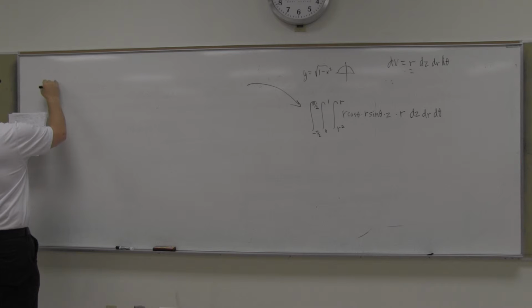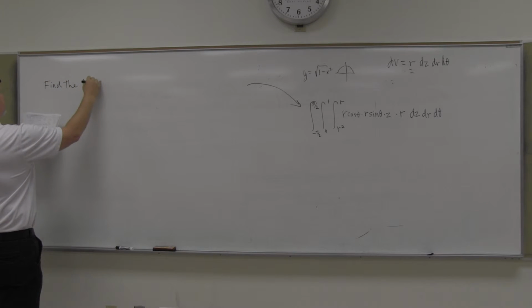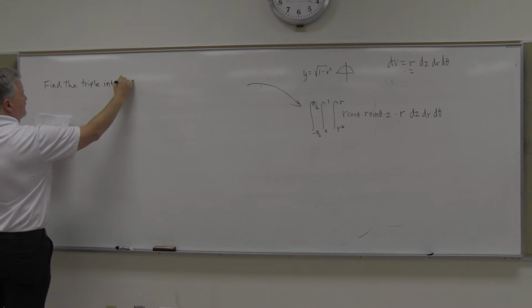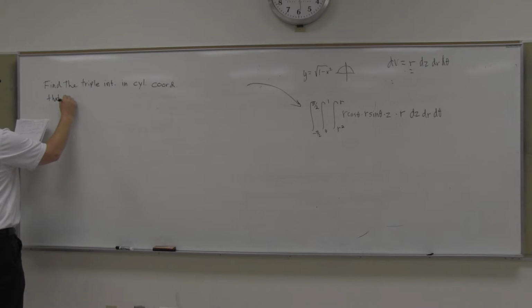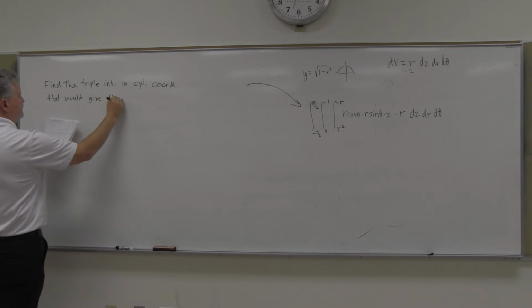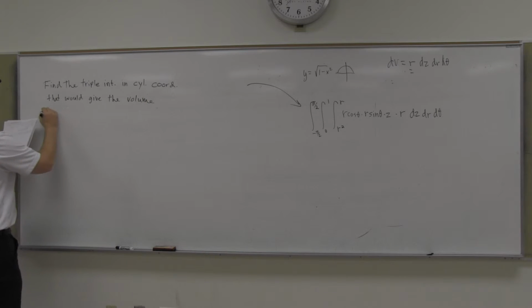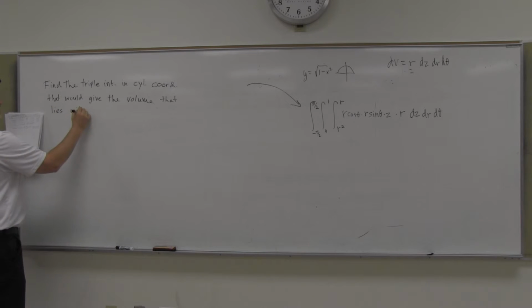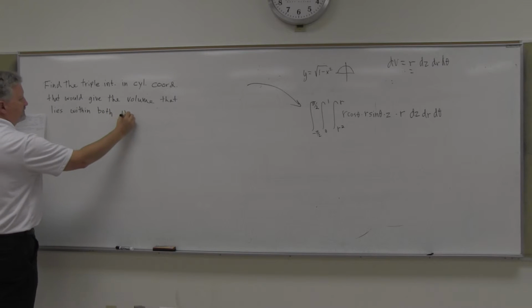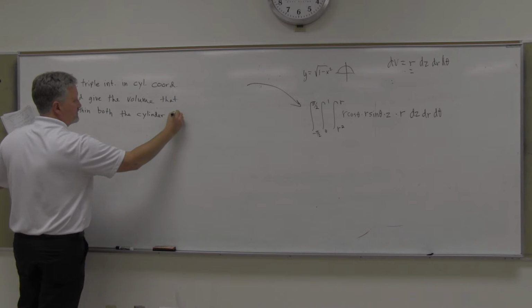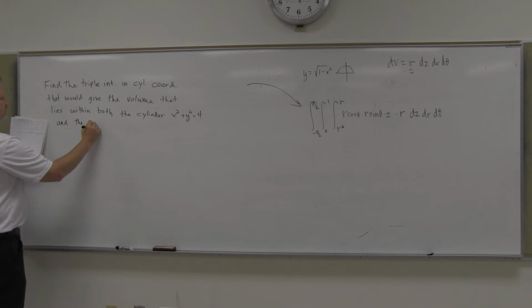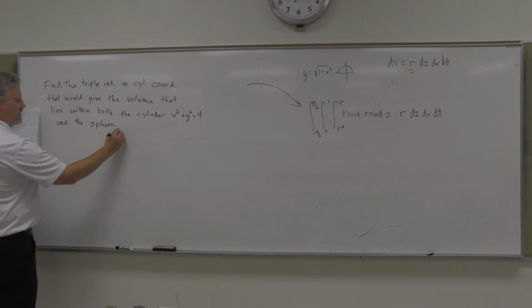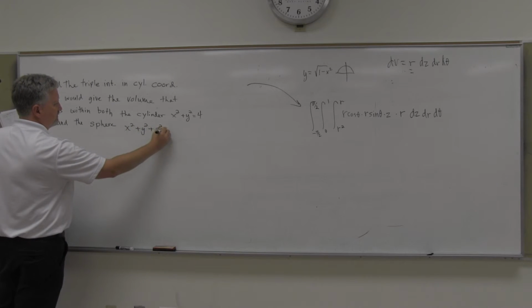Okay, so let's find the triple integral in cylindrical coordinates that would give us the volume that lies within both the cylinder x squared plus y squared equals 4 and the sphere x squared plus y squared plus z squared equals 9.